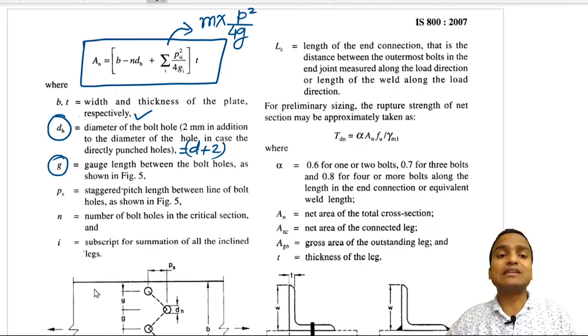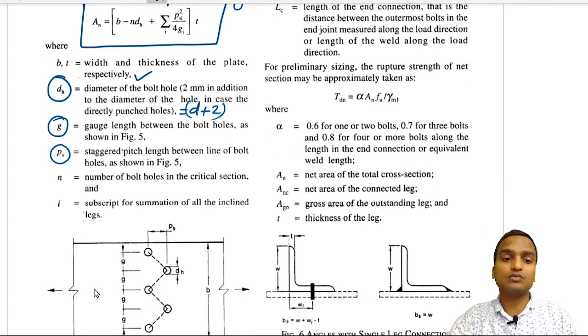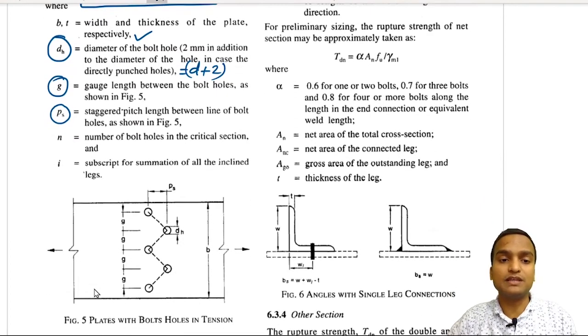So G is here the gauge length between the bolt holes, and PS is the staggered pitch length between the lines of bolt holes. So you can see what this PS is representing here. This is the pitch between the staggered bolts.